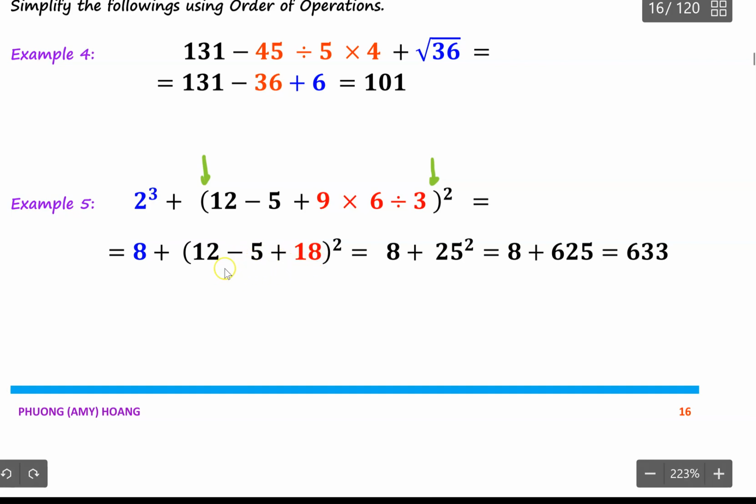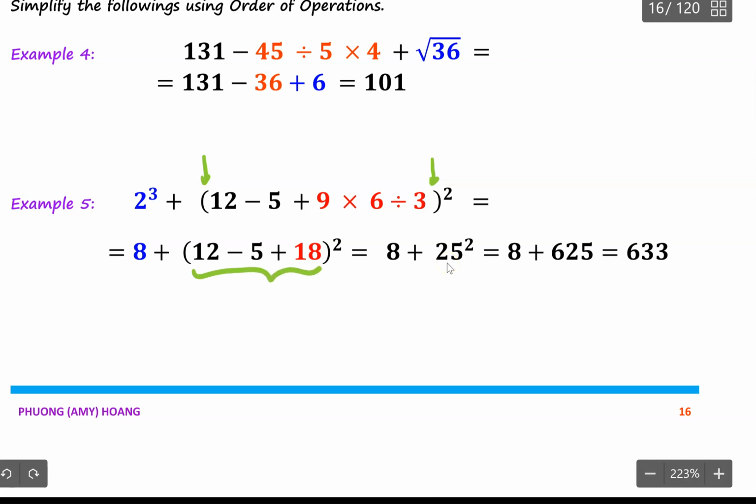Now I just have addition and subtraction, therefore I perform the operation from left to right. When I perform the operation from left to right, 12 minus 5 is 7, plus 18 is 25. So right here, I write it as 25 squared.